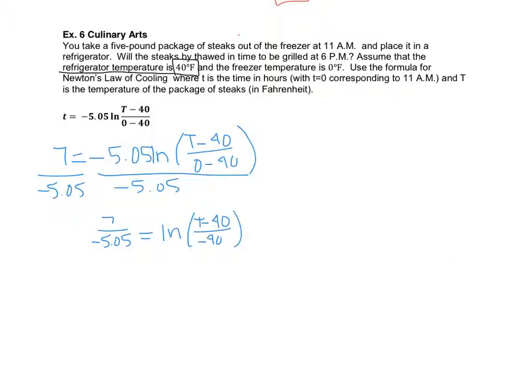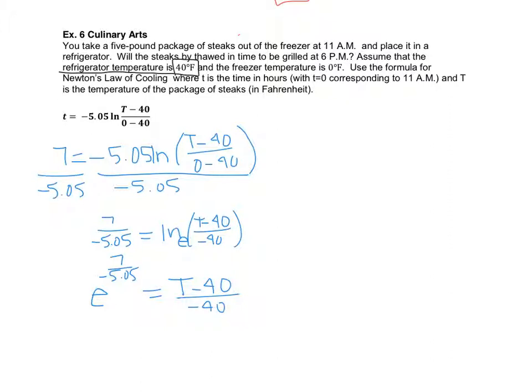Now I've got to change this to exponential form in order to solve for T. Remember, the base of a natural log is e. They're not going to write it, but that's what it is. So e to the negative 7 divided by 5.05 equals T minus 40 divided by negative 40.